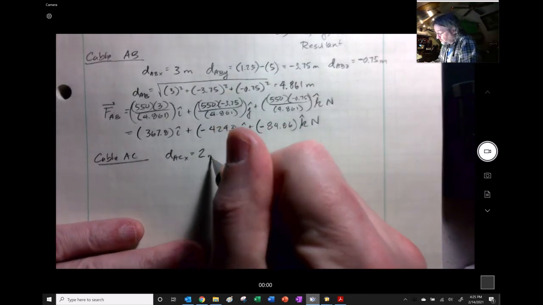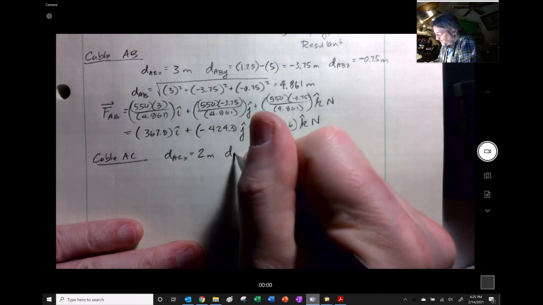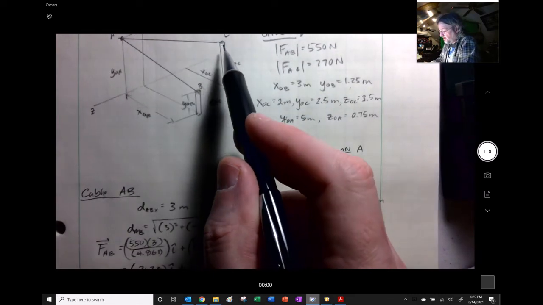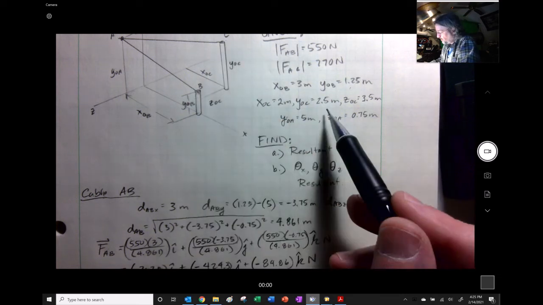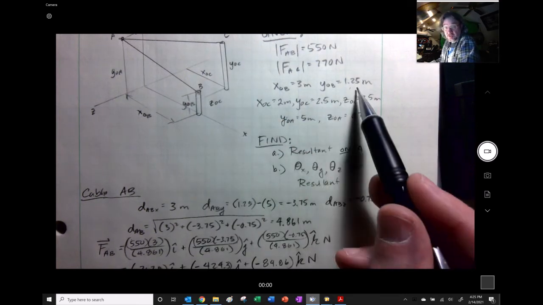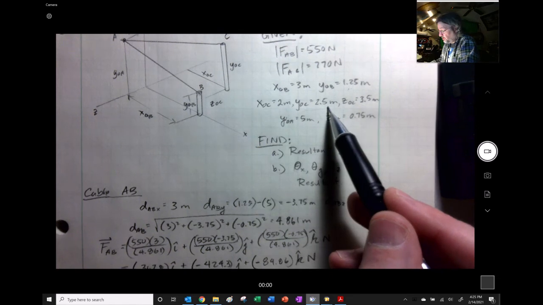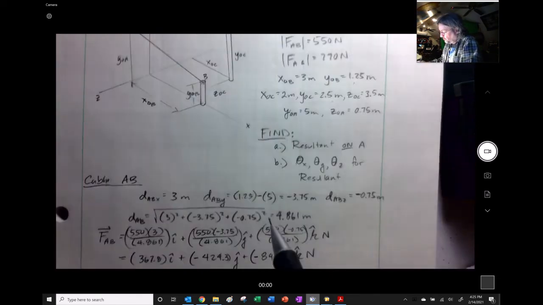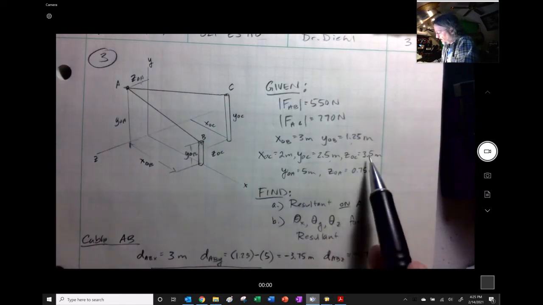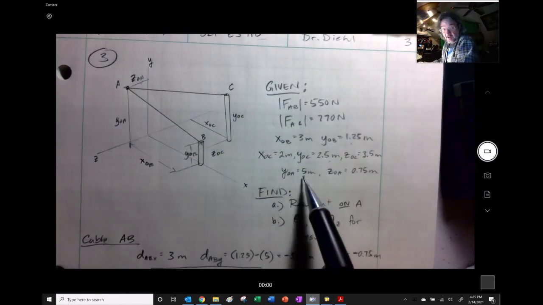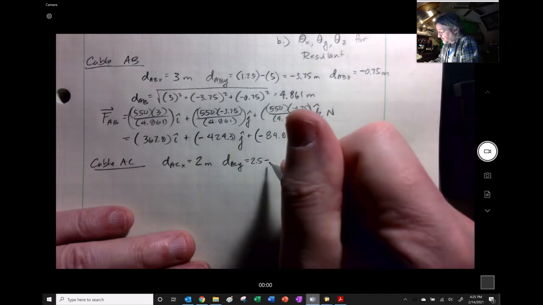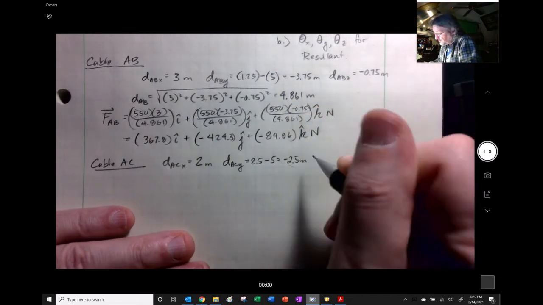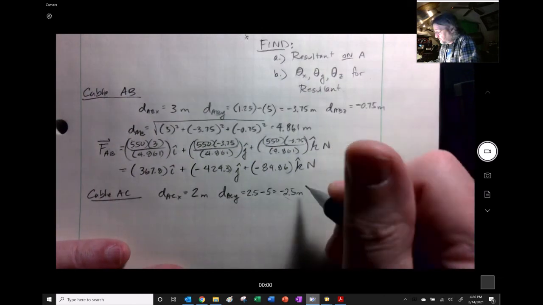And in the y direction, we're going to end up at YOC, which is 2.5, but we start out at 5, right? So subtract out 5, and that's a negative 2.5 meters. I could do that one in my head. Check me out.